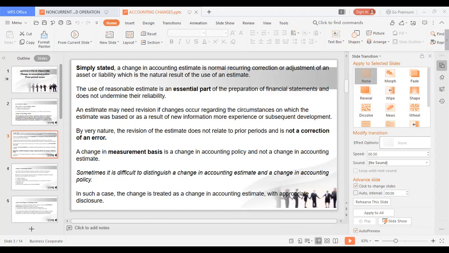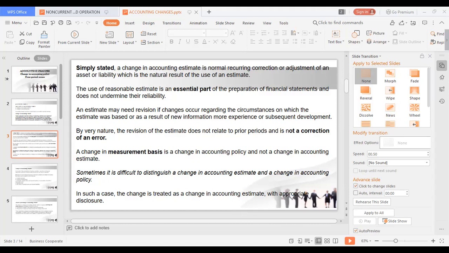So in problem 9-14, only the unrecorded warranty cost of 100,000 on December 31, 2019 should be accounted for as prior period error. Change in depreciation method is a change in accounting estimate.